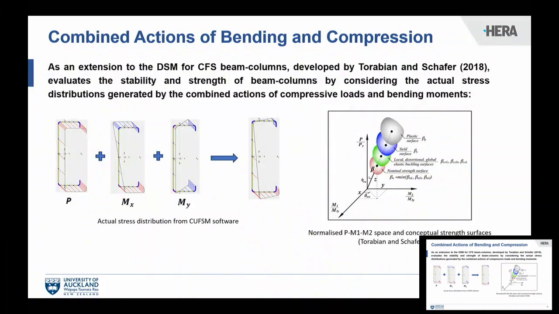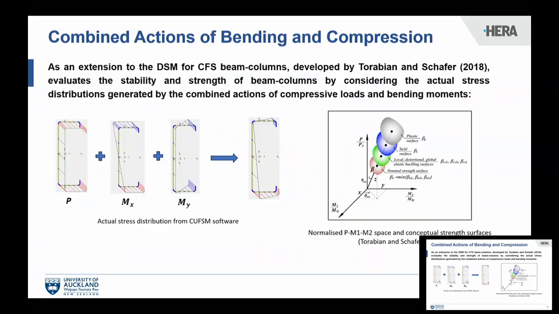As I mentioned, the accuracy of different design methods was compared in this investigation. One very well-known method, developed maybe 10 years ago at Johns Hopkins University and now prescribed in the appendix of the new version of the AISI, is the extended version of the DSM.